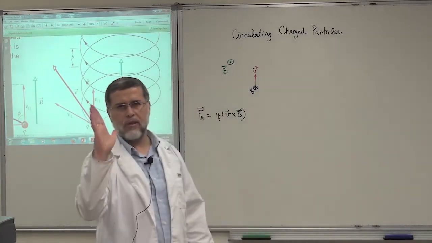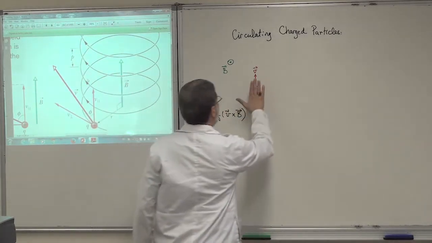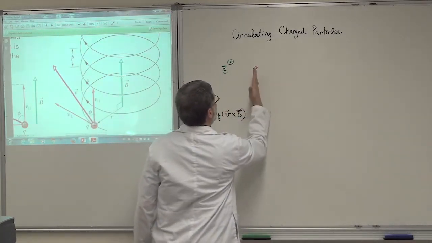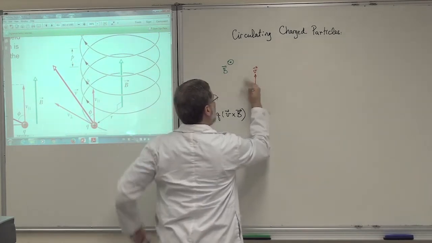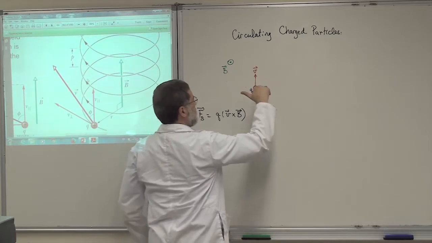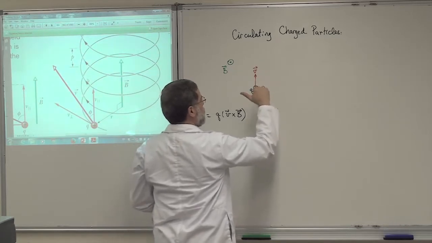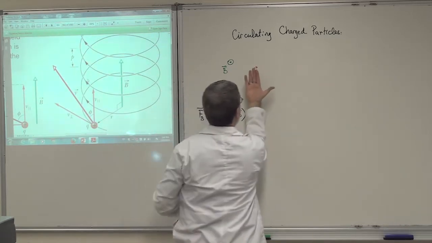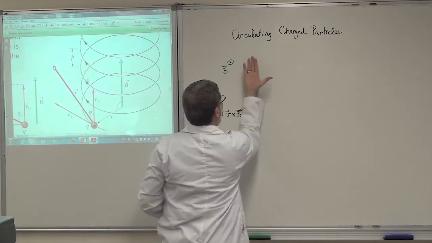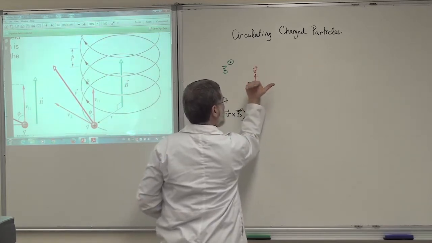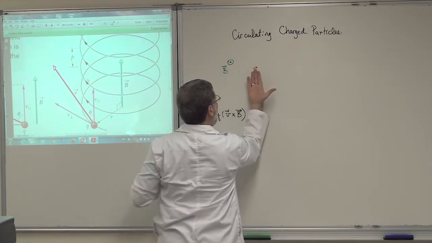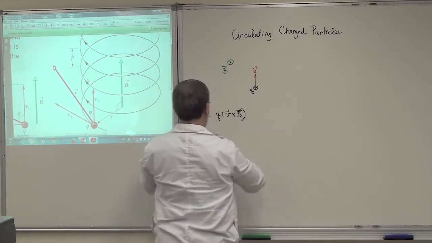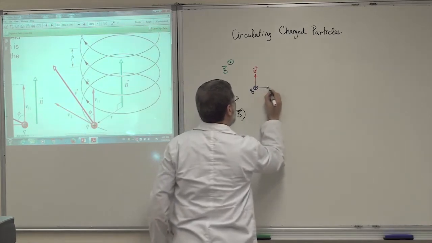By using the right-hand rule, you put your fingers along V. When you sweep, it has to take you to B. B is outside. V cross B, because B is outside, at the end your finger should be in the same direction as B. Beginning with V and ending with B, the force is in this direction here.